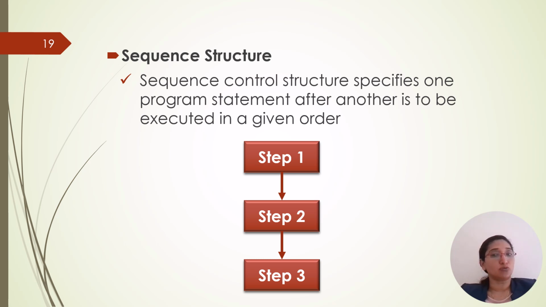If you follow the steps within your program to achieve your output, that type of program belongs to the sequence structure. Now, when we go to the exercises, before you start drawing your program flow chart, you have to decide what control structure you are going to use for this program.